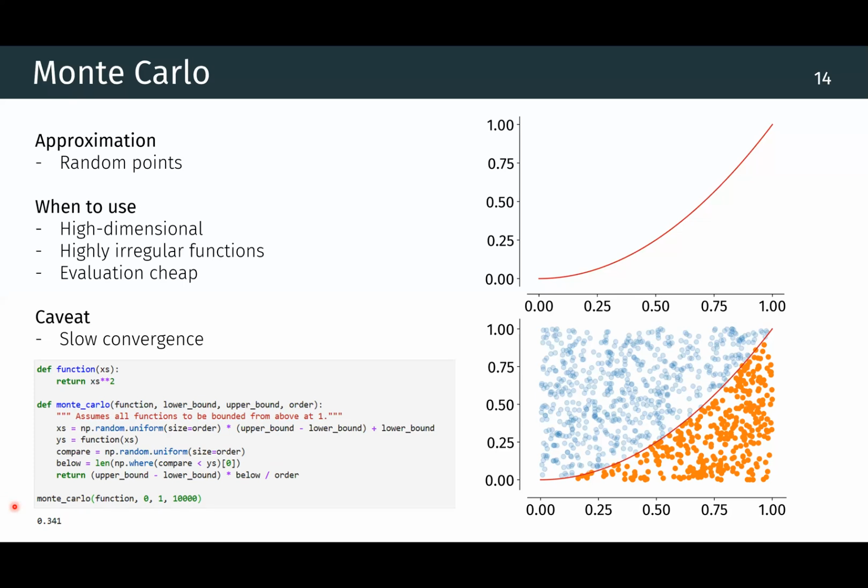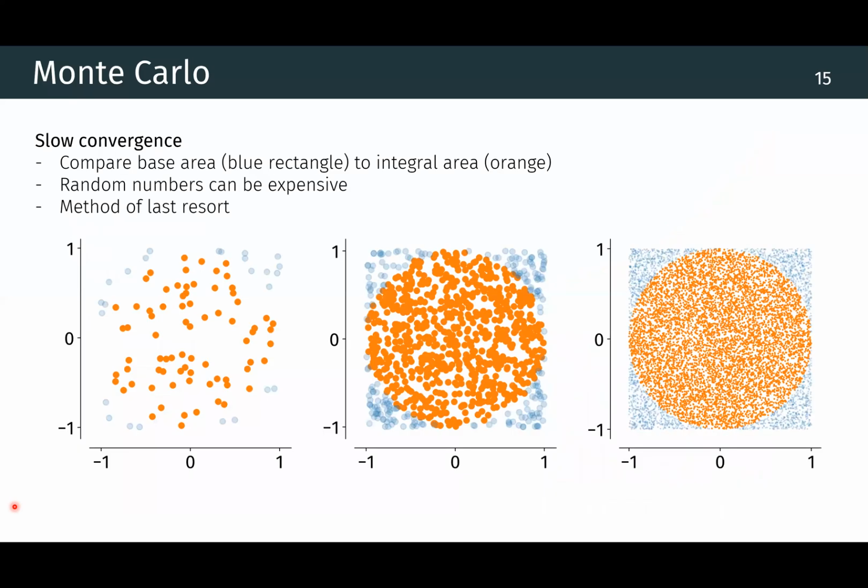So this was 1D. Let me show you this with 2D. And I would like to explain this a little bit in terms of convergence. So as you can see in the right panel, this is to estimate the area of a square, which is one way of calculating pi. So the traditional thing you show people in Monte Carlo integration.